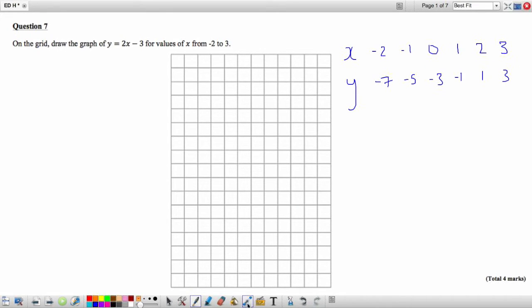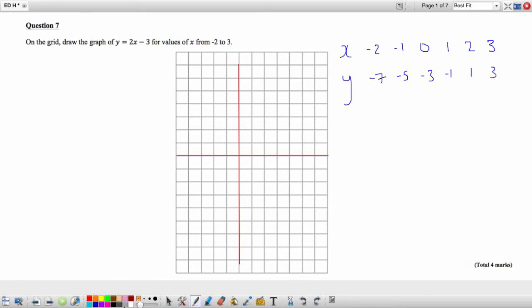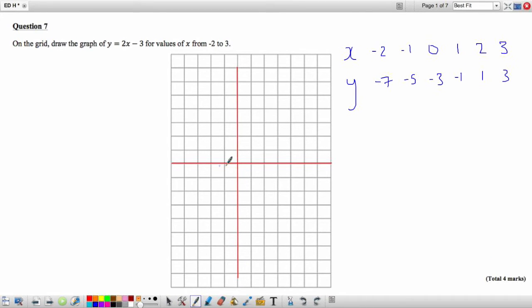So taking your ruler now, you need to draw suitable axes. So if we have our x-axis across here, and our y-axis here vertically. Taking your pen now, labelling 0 here in the centre, and we can go in 2s, 1, 2, 3, -1, -2 for the x-axis.